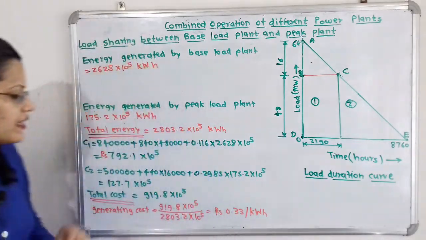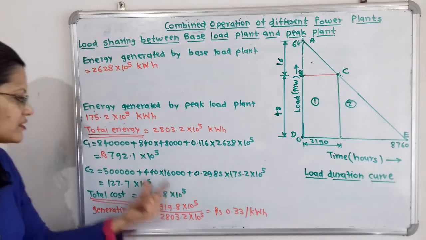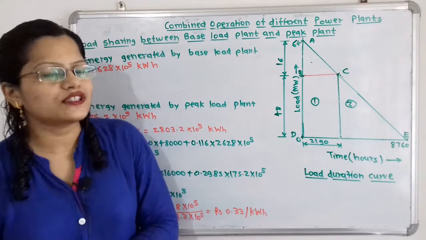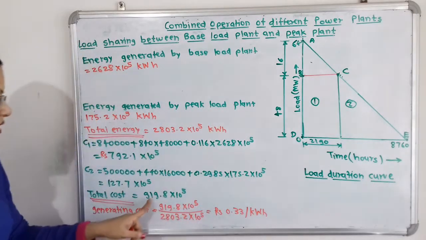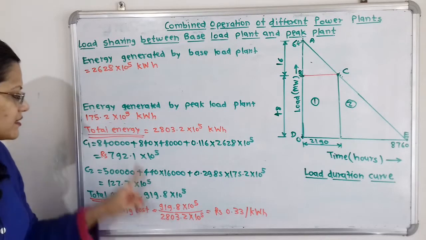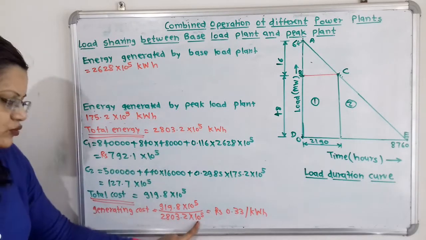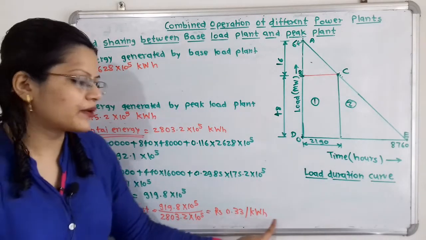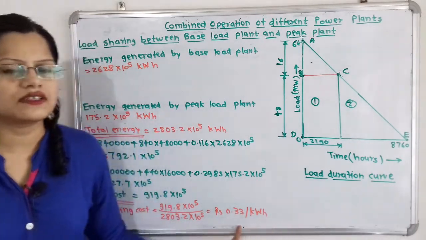So when we take this total cost divided by this total energy generated, then we will get the cost for 1 kilowatt hour. That is 919.8 into 10 raised to 5 divided by 2803.2 into 10 raised to 5, which is equal to rupees 0.33 per kilowatt hour. So here is the answer.